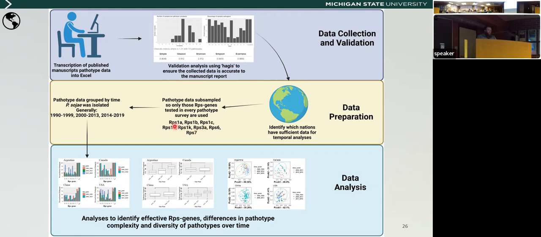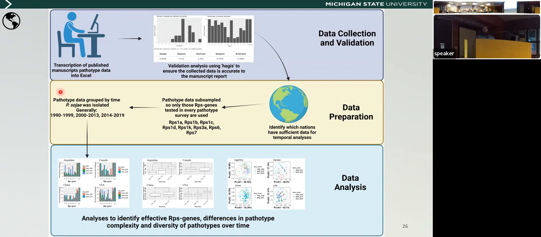So for this study, we were looking at the RPS1 loci, RPS1A, 1C, and 1K are 3 available resistance genes, as well as RPS3A, and RPS1D, 1B, 6, and 7. These were just resistance genes that were tested across time that we were interested in having. We took this pathotype data and grouped it by time.